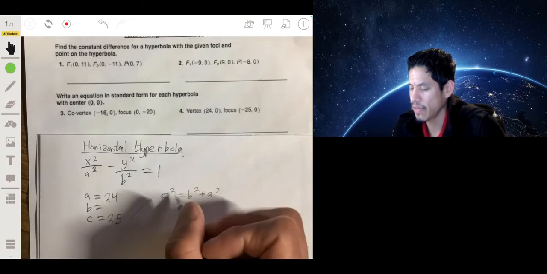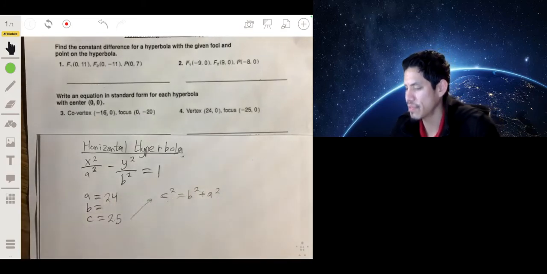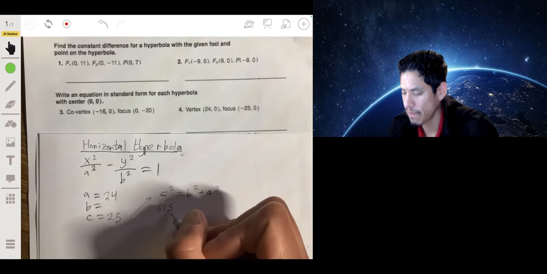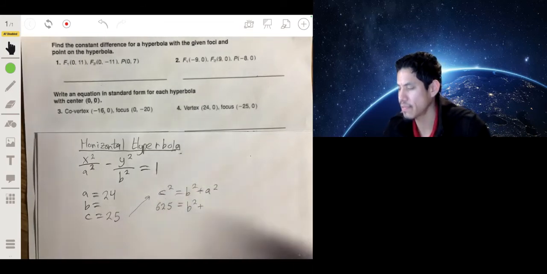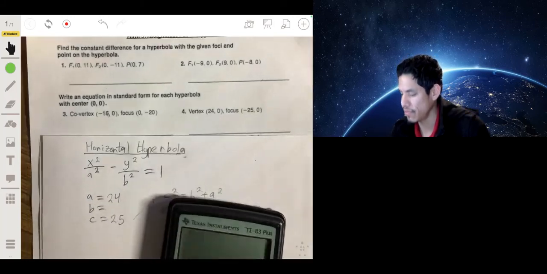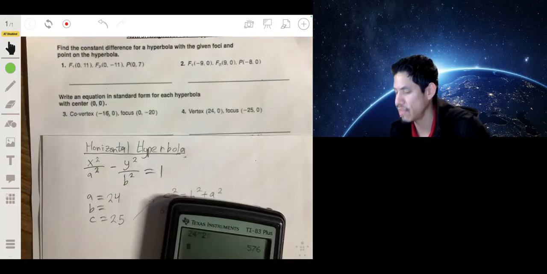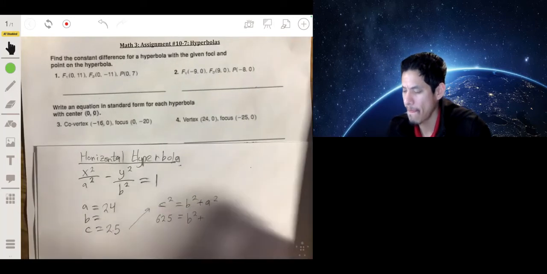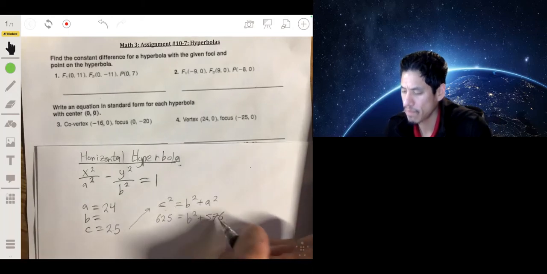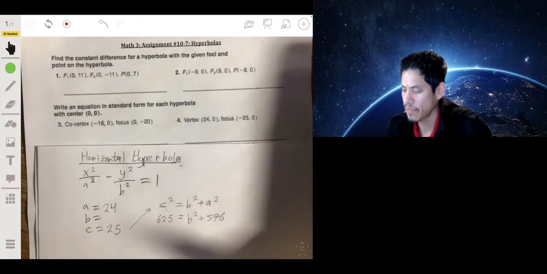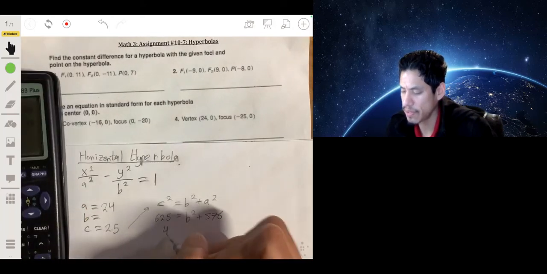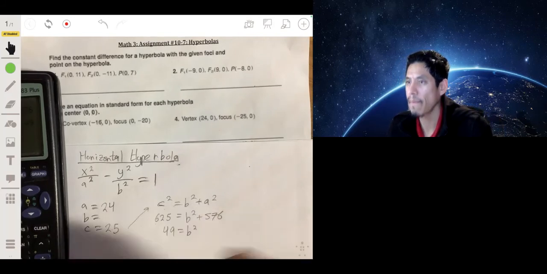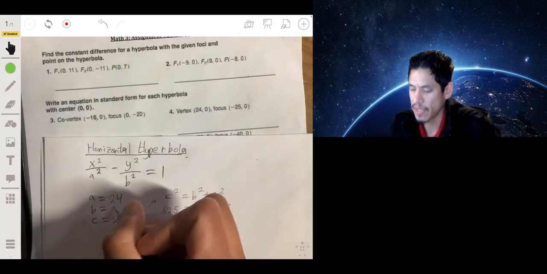C squared is 25 squared, which means 625 equals b squared plus 24 squared, which is 576. So 625 minus 576, 49 will be b squared, and then b will be 7.